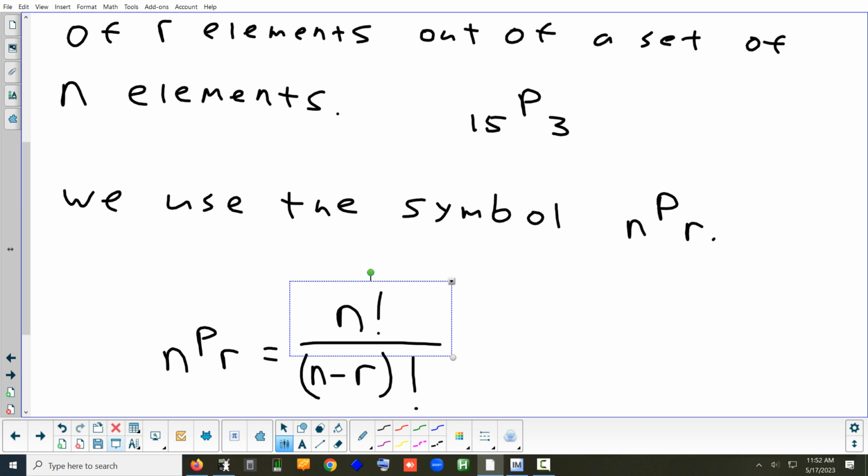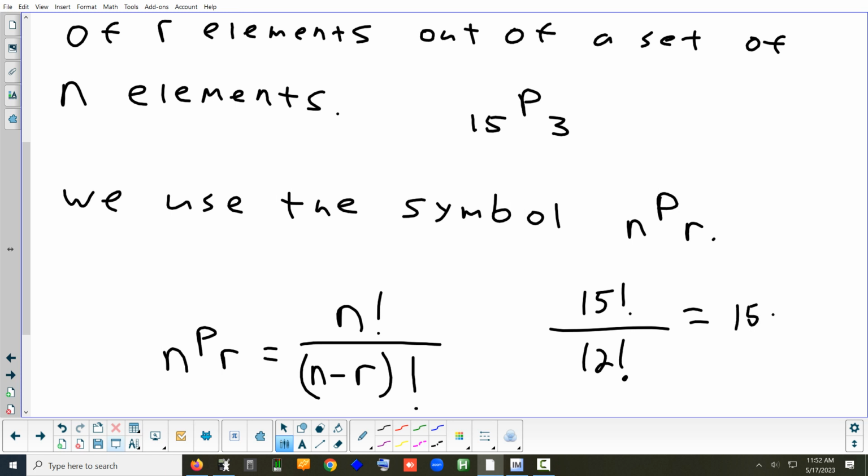Pretty close. So how many items did we have to pick from? 15. And then we were ordering 3. What's 15 minus 3? 12. And if you cancel 12 factorial into 15 factorial, what's left? 15 times what? 15 times 14 times 13.